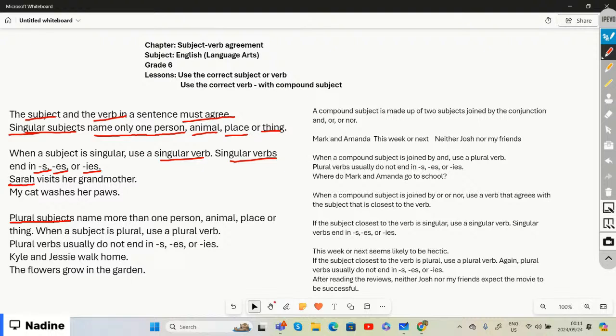Sarah, one person, that is the subject, visits her grandmother. The action that Sarah does is visit. But since she's one person, remember we said that a singular verb ends either in s, es, or ies. So Sarah visits, and it ends with an s, her grandmother. So if we make mention of one person doing something, our verb ends with either s, es, or ies.